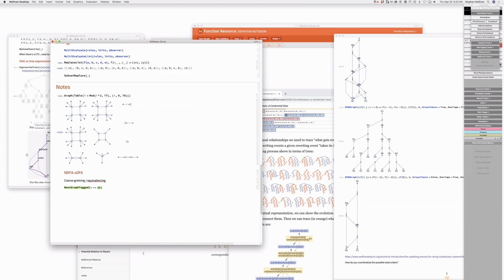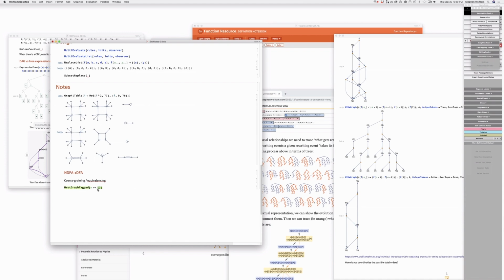Look, the basic point is, given a state of a finite state machine, the question is, with a given symbol, is there just one path, or are there multiple paths?